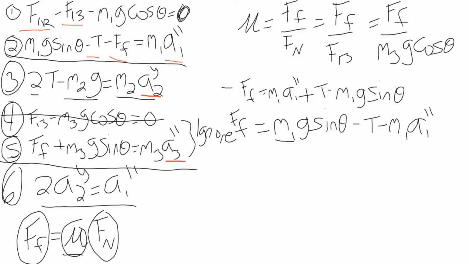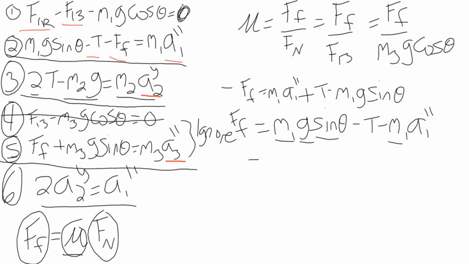Now we know m1, we know g, we know sine theta. We don't know t and a1 parallel yet, but with equation 3 we pretty much know everything except for t. We know m2g, we know m2 a2y because they gave us a2y. So we have the tension. We also have a1 parallel though. I was saying that we don't know these two things, but we really do, because equation 6 gives us a1 parallel. It's 2a2y, right?